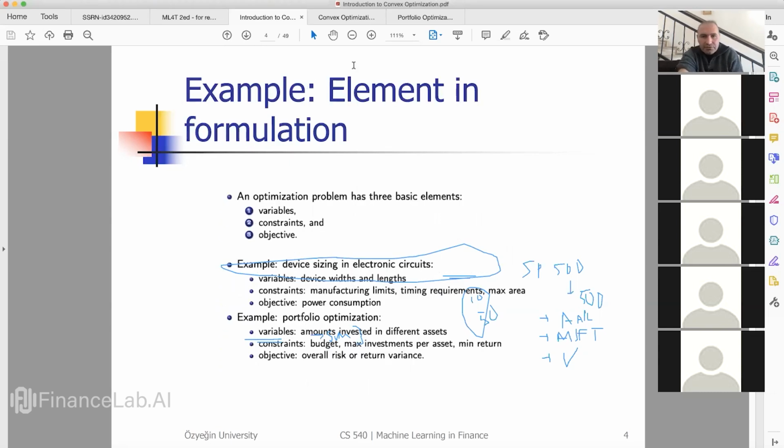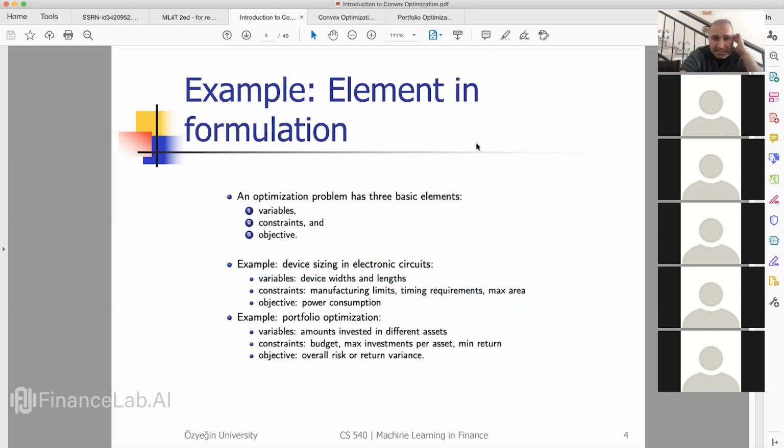If you look at how the problems are formulated, an optimization problem has three basic elements: the variables, the constraints, and lastly the objective. The variables are the unknowns, as you've seen.